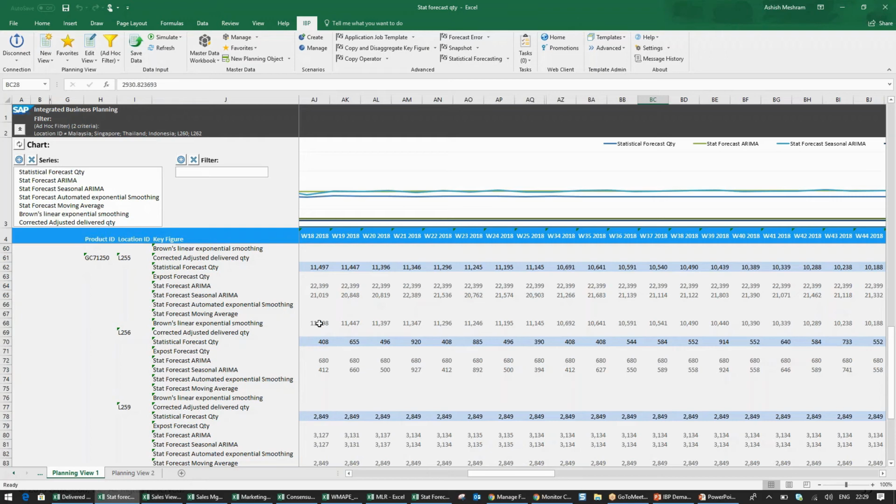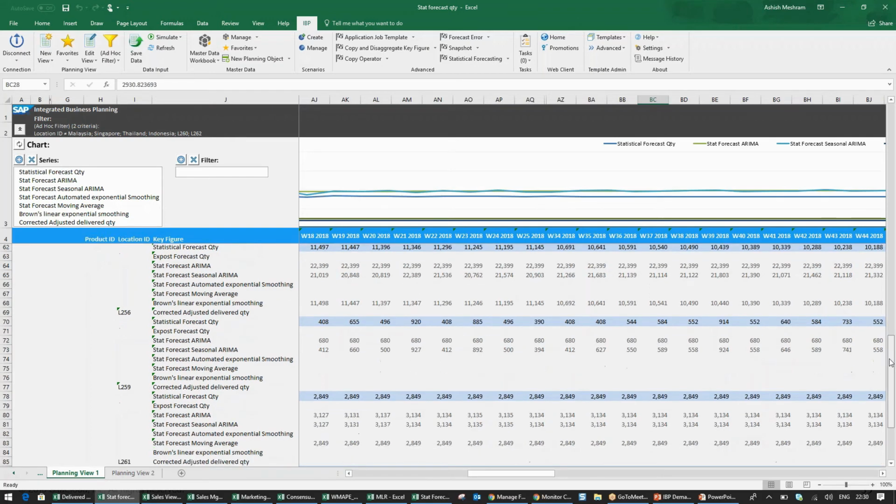In this particular example, if you see for my product GC71250 at location L25, the Brown's linear exponential smoothing is selected based upon the MAP value. Likewise, depending upon the data, you have different models selected.